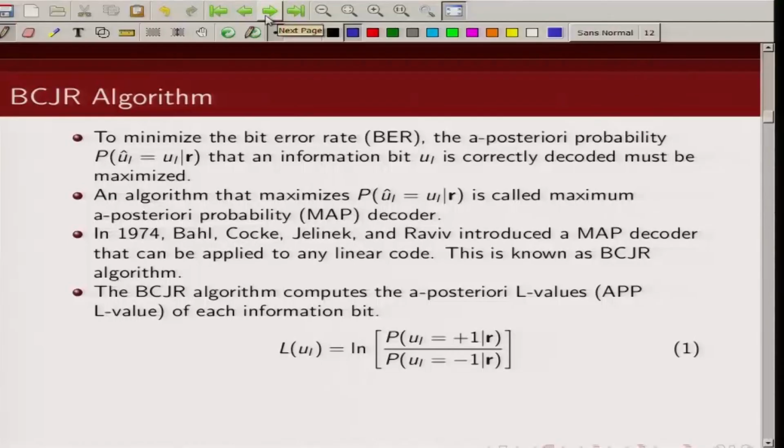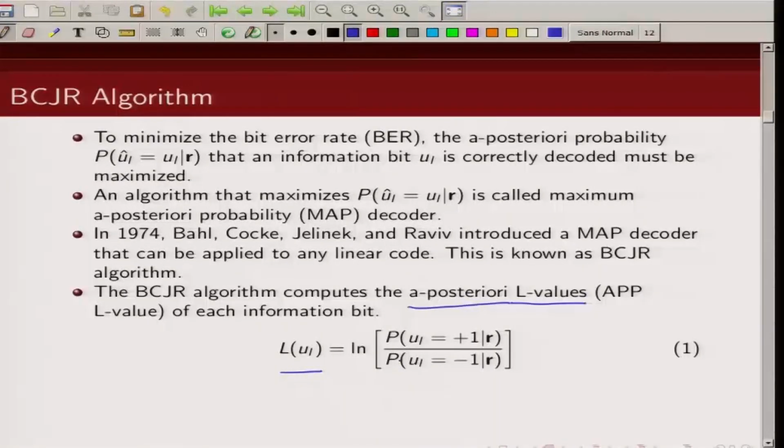What this algorithm does is compute the a posteriori probability. I define the a posteriori log likelihood value, which I call the L value, like this. It computes the probability of U_l being plus 1 given the received sequence R, divided by the probability of U_l being minus 1 given the received sequence R. Take a log of that.